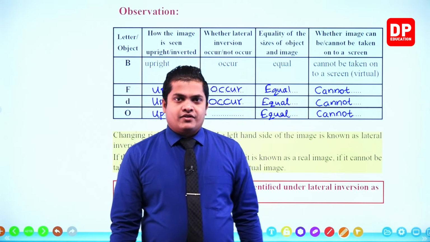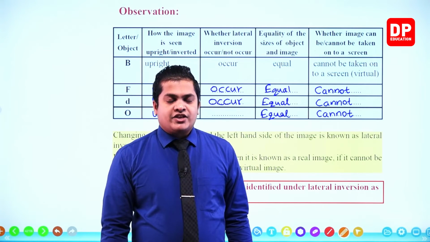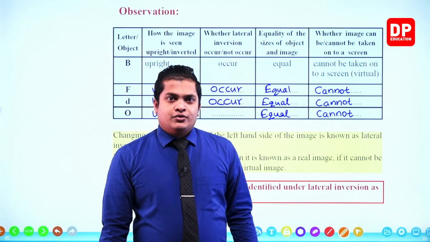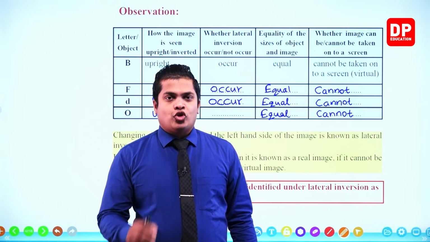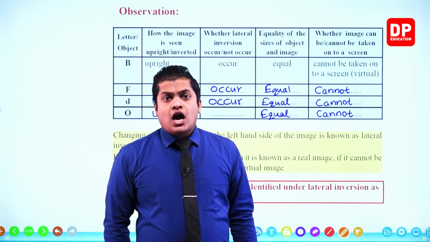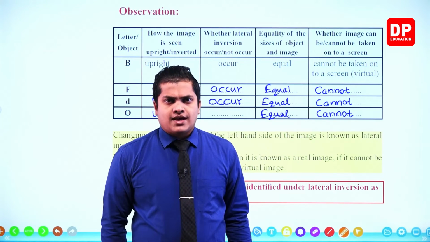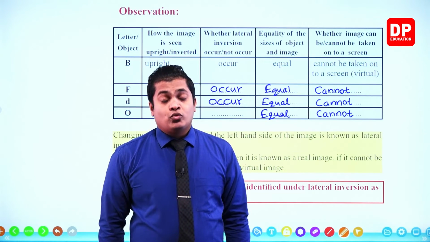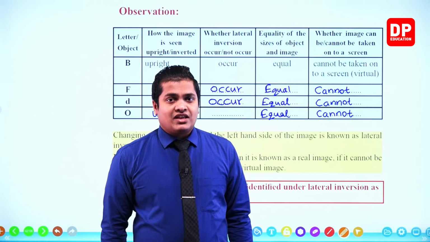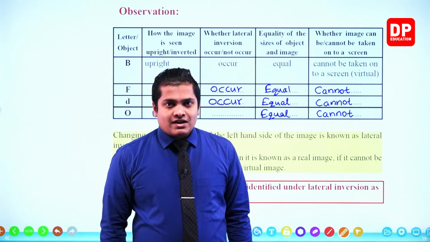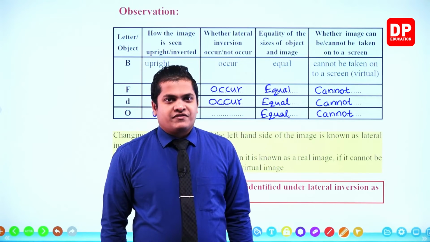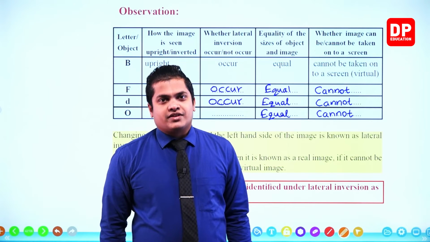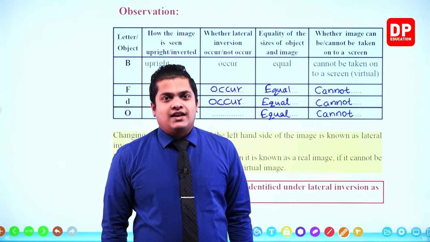Now, when you go in front of the plane mirror at your home and stand up like this, you can observe your image on the mirror. However, my dear children, what has happened over there is your left and right hand sides are being switched, but you won't be able to see this very clearly as you are bilaterally symmetrical. So if the letter is bilaterally symmetrical, then my dear children, we won't be able to observe that lateral inversion.